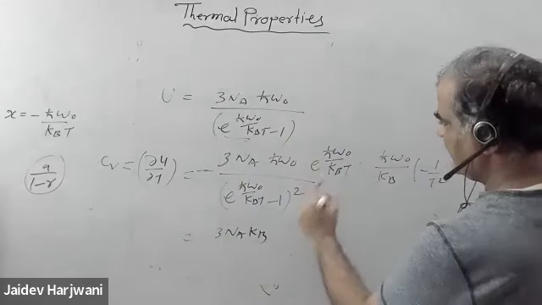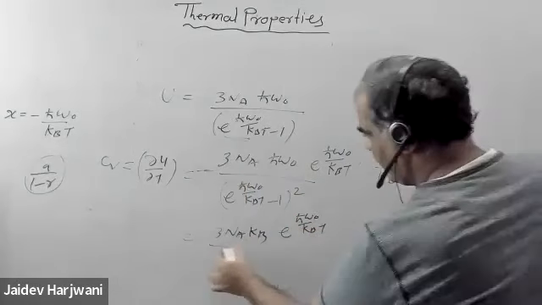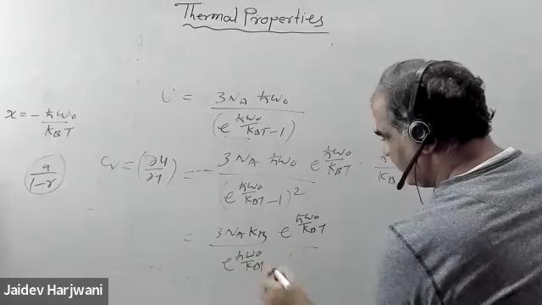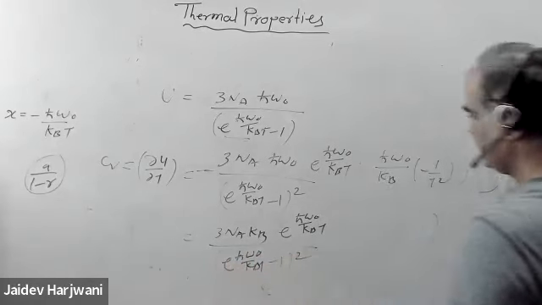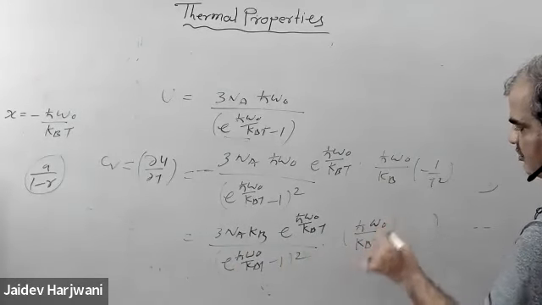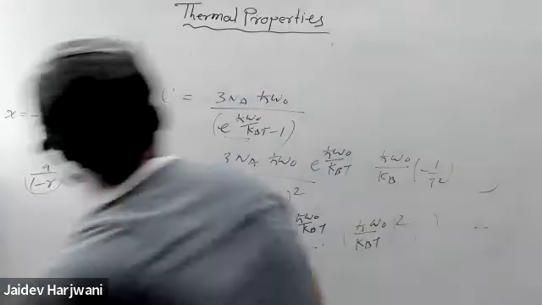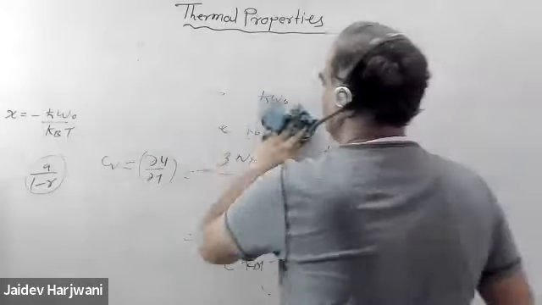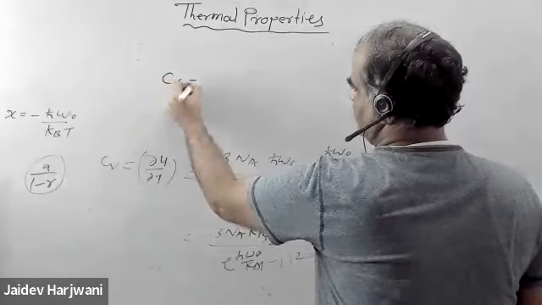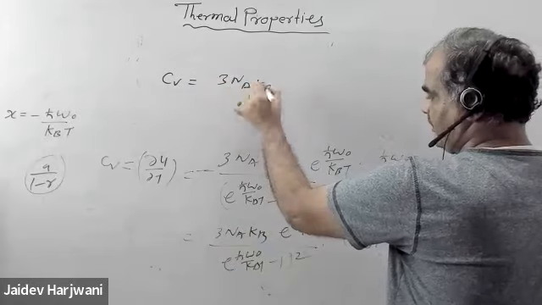And this term, we have e to the ħω₀ by kbt, e to the ħω₀ by kbt minus 1 square, and this term we have ħω₀ by kbt square. Okay, now this CV becomes 3 Na kb.